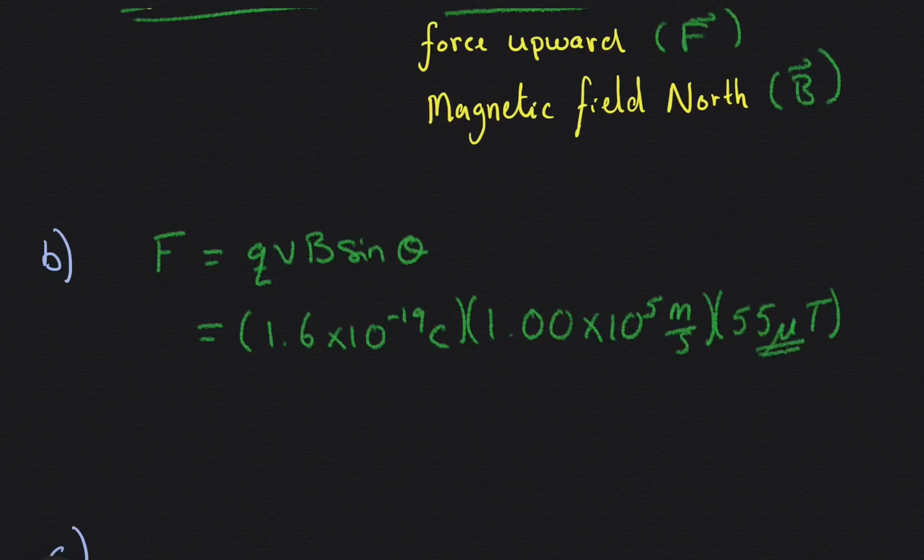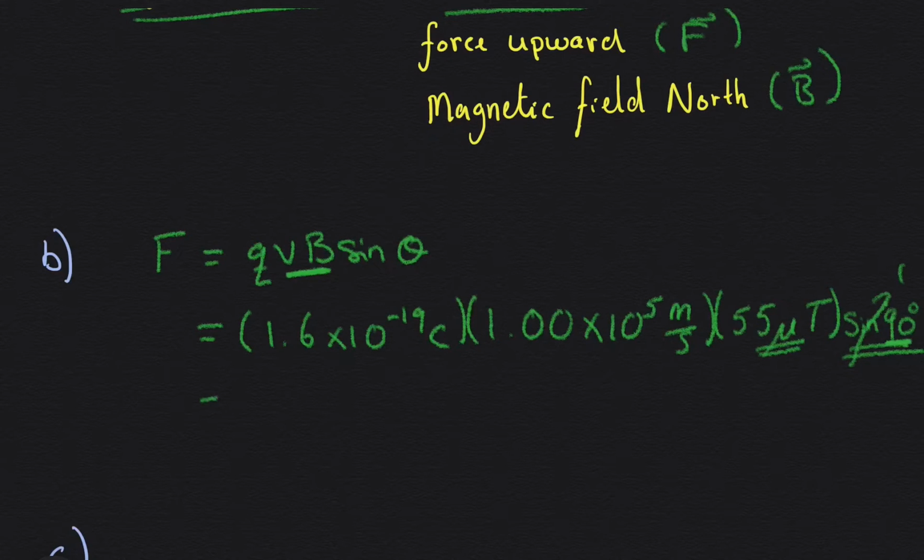Again, micro is 10 to the negative 6. And I'm going to squeeze in sine of 90 here, because the angle between v and B is 90 degrees, which gives the maximum force, because the maximum will occur when you have sine of 90, which gives you 1.